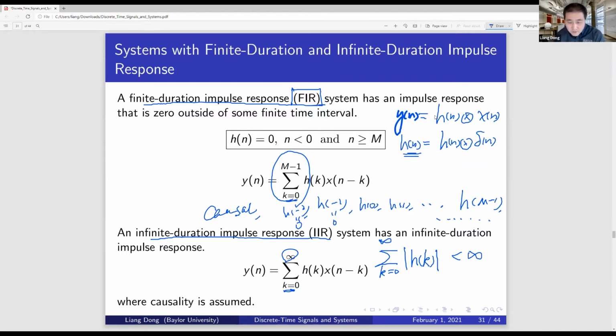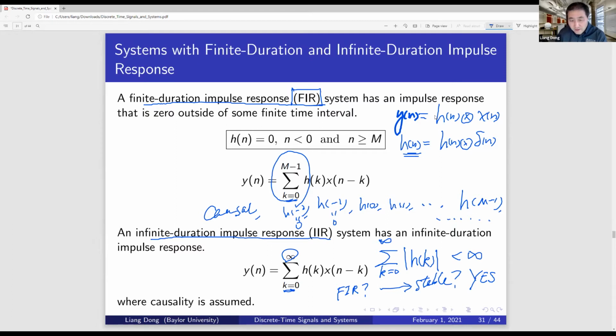I have a question for you. Now, what about an FIR system? According to this, is it safe for me to say any FIR system is a stable system? The answer is yes. Of course, any FIR system is a stable system, because h should be absolutely summable.